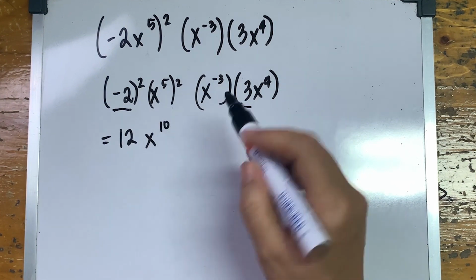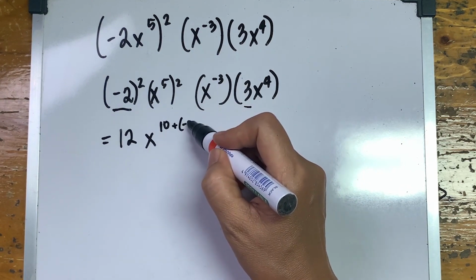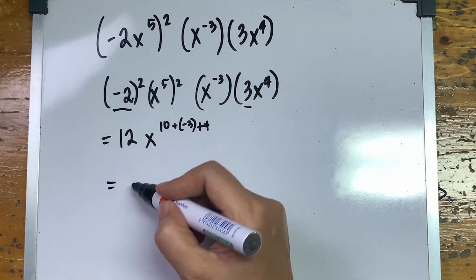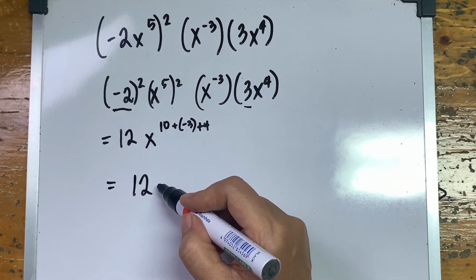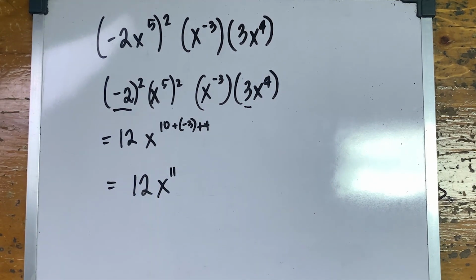Okay, so it's 10 plus negative 3 plus 4. Okay, so this one will give us 12x to the 11th.